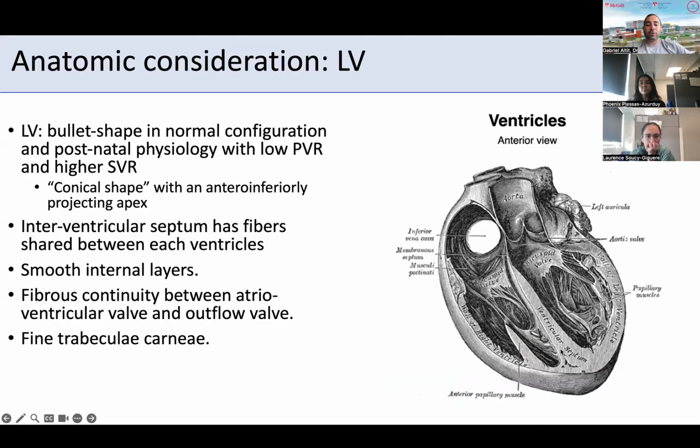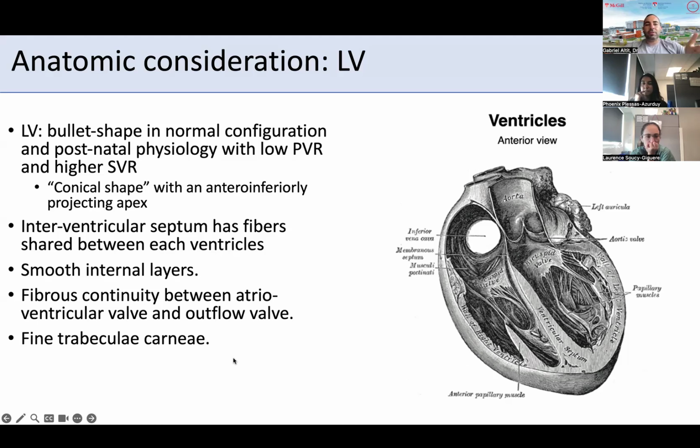And you have the interventricular septum, which has shared fibers between the two ventricles. You get fine crisscrossing apical trabeculation in the left ventricle, so it's very fine, versus on the right side, it's much coarser. So the LV typically has a much smoother septal layer.